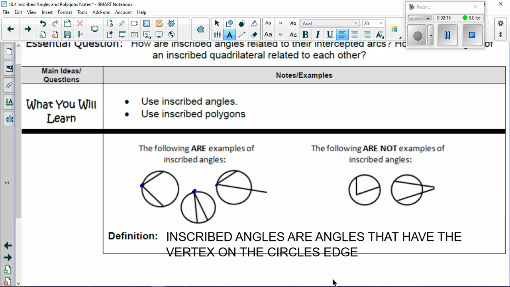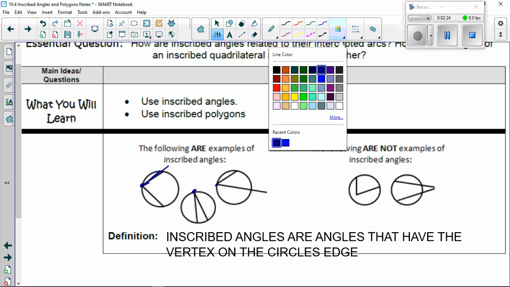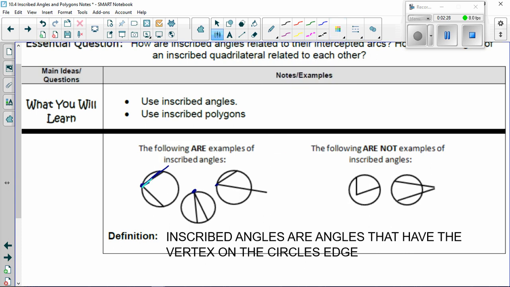For example, these are all inscribed. If I look at this angle right here, see how the vertex is on the circle? See how it's on the edge of the circle?